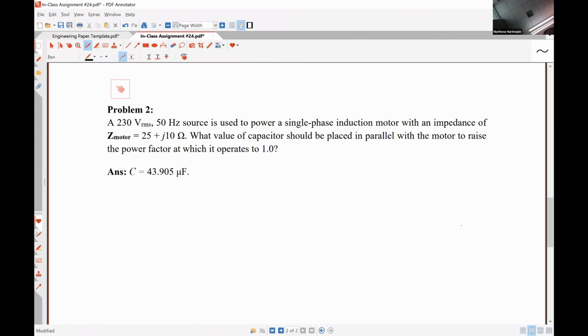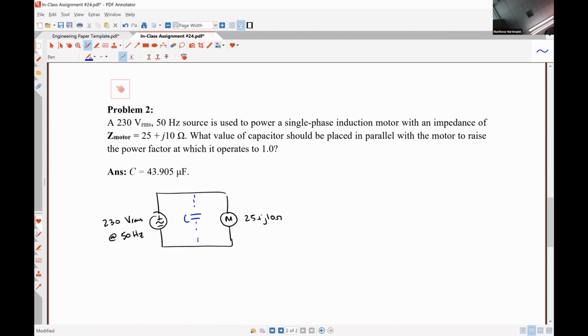So let me draw a little picture here. And again, we're going to try to put a capacitor in and figure out what that value is.